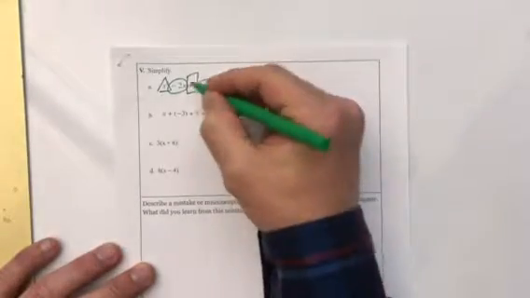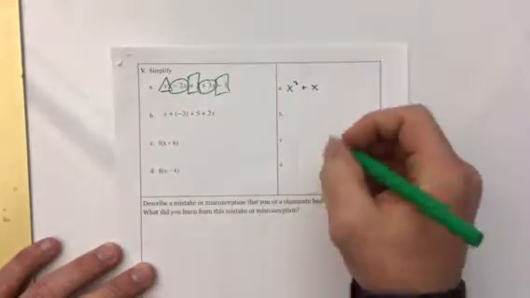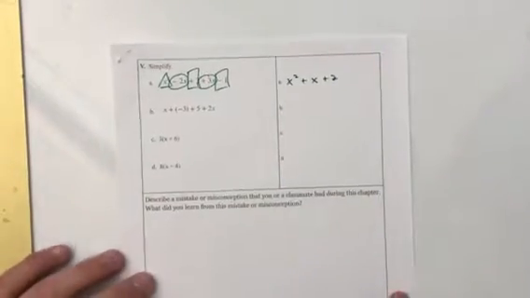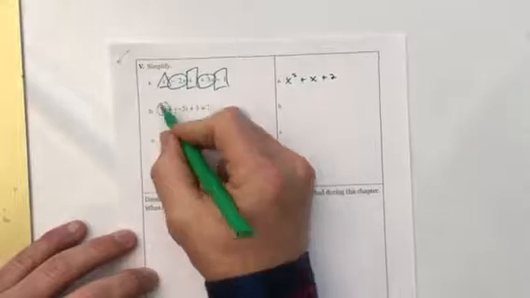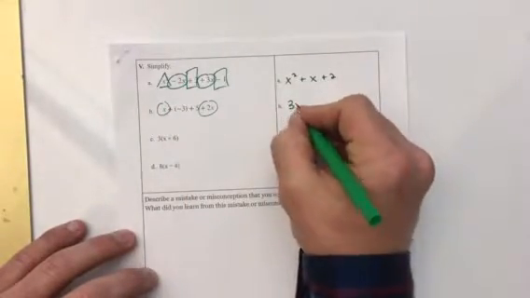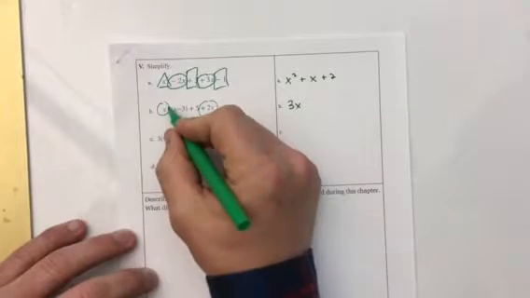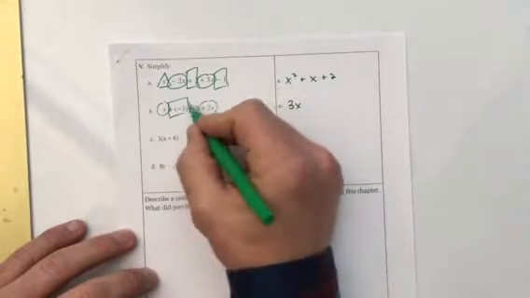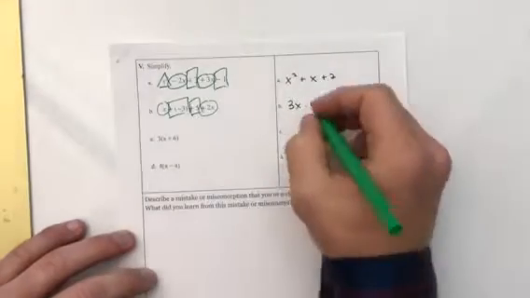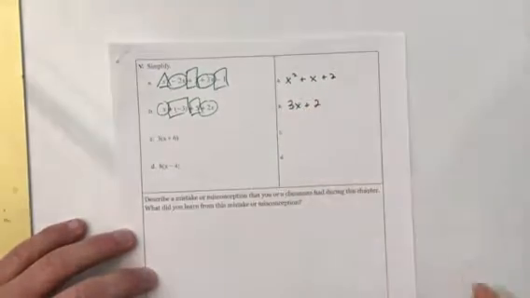All right, then I have positive 3 minus 1. 3 minus 1 is 2. Positive x, positive 2x is 3x. Plus negative 3 and positive 5. 3 negatives and 5 positives leaves me with 2 positives.